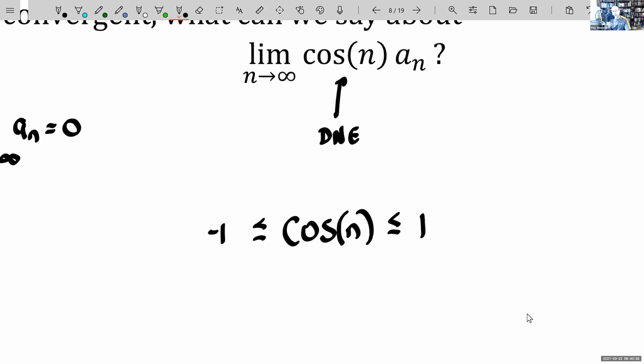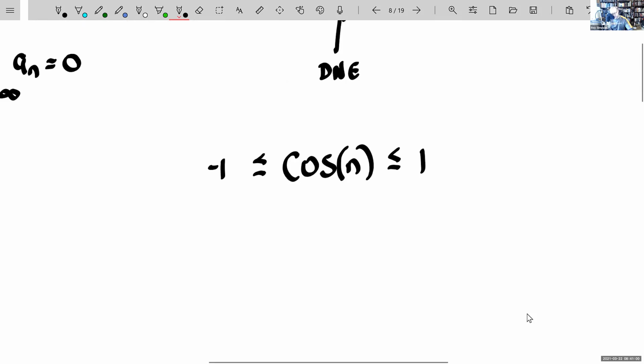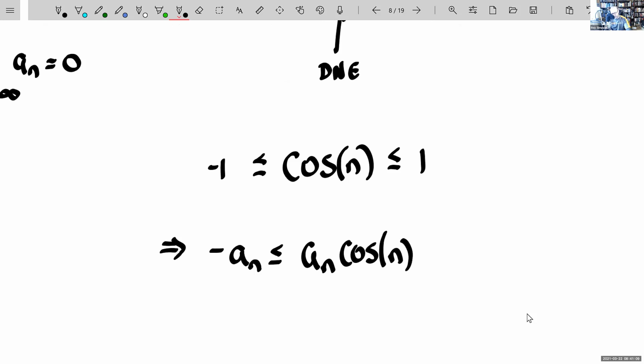Now, if you multiply all three sides of this by a sub n, and by the way, I'm making one slight hand-wavy assumption when I do this: I'm assuming that a sub n is positive. It's not that big of a deal, but I'm letting you know.